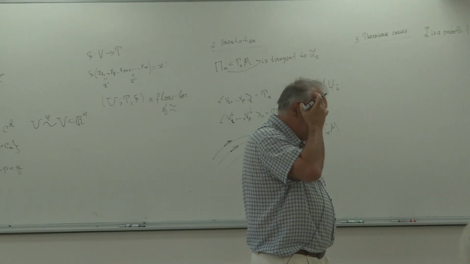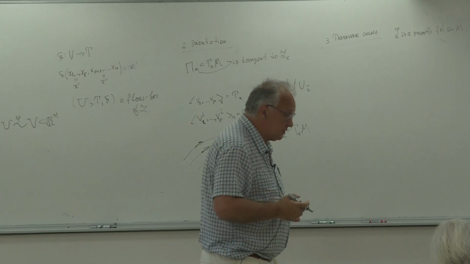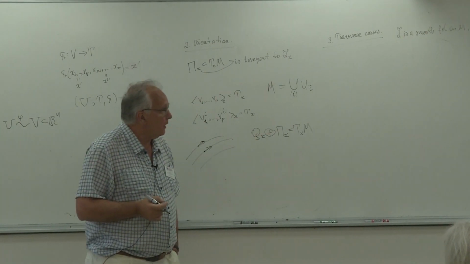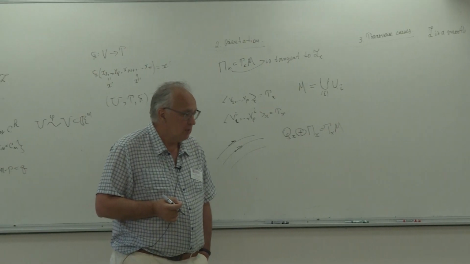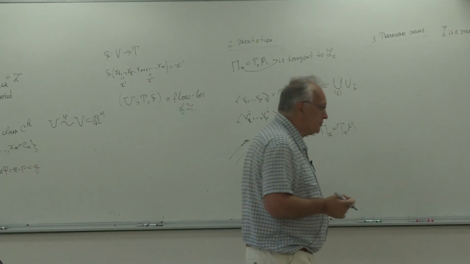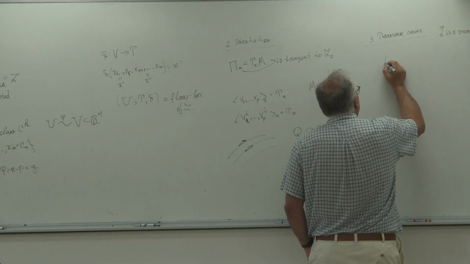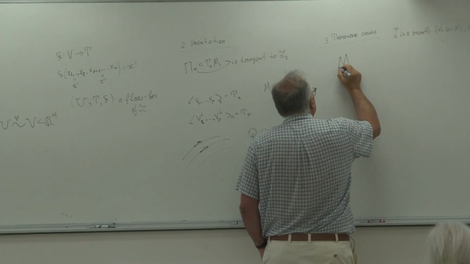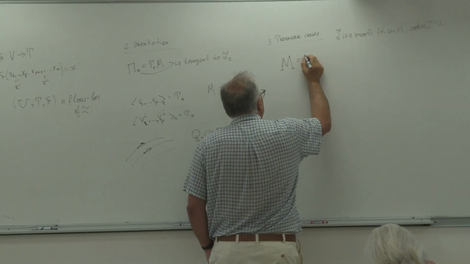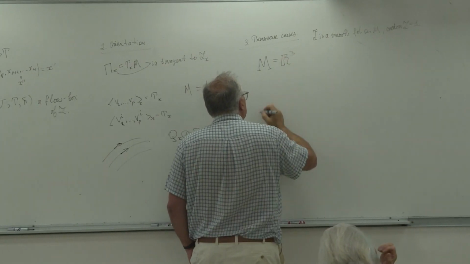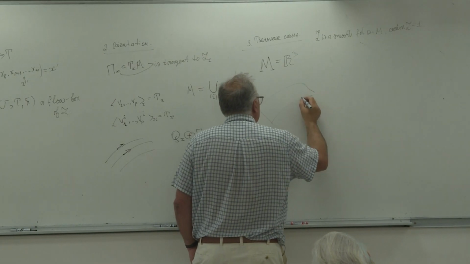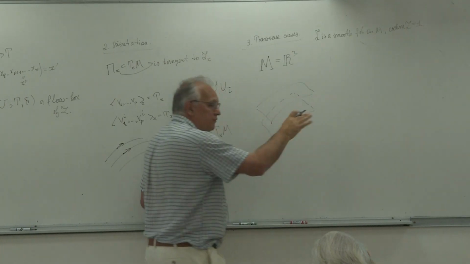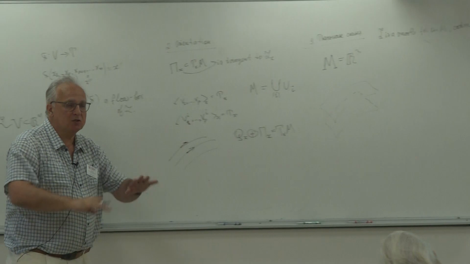Now look, if you see all this for the first time, then I suggest you think about R^3. So M is R^3, and you have a foliation by surfaces in R^3, at least locally.